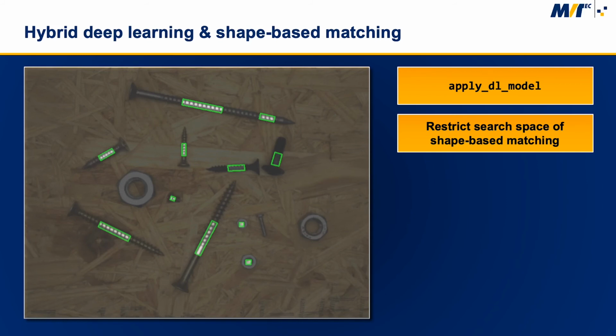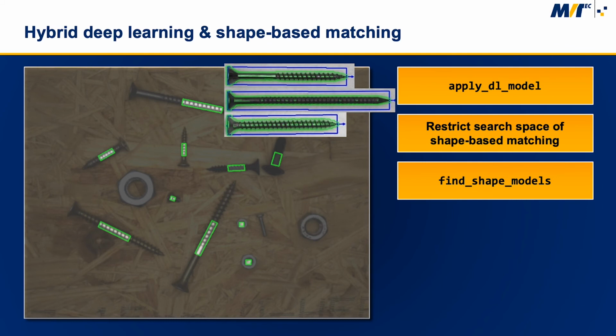However, we have to be careful here, because if this deep learning-based model is wrong, we cannot find the screw with shape-based matching. So what we do is that we always look for similar screws. If the deep learning-based model found a large screw, we apply fine shape models for all types of large screws.